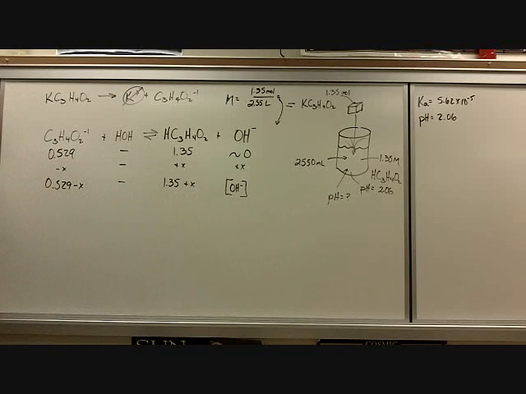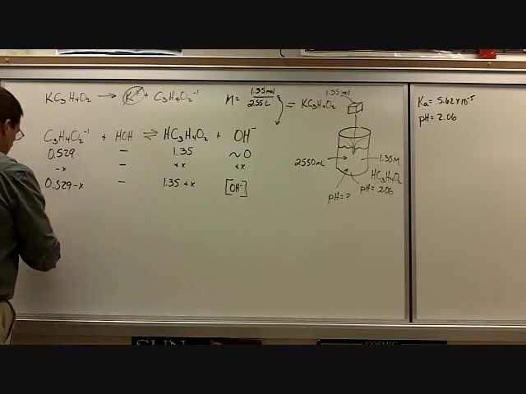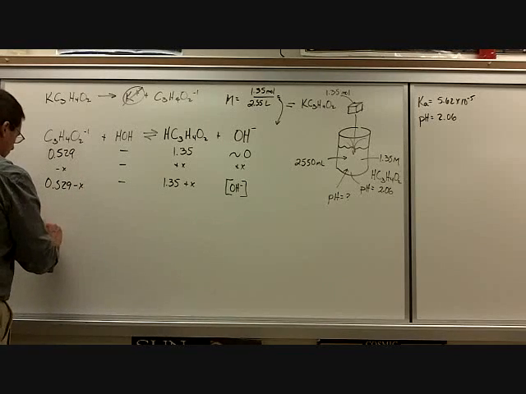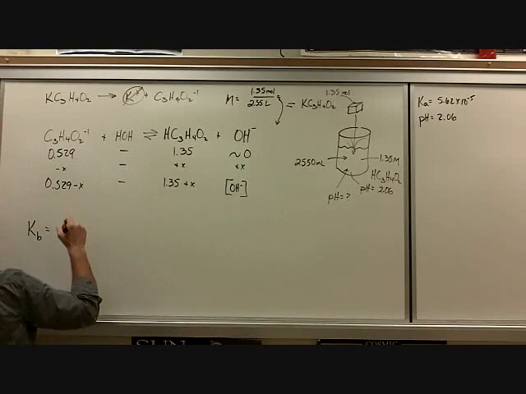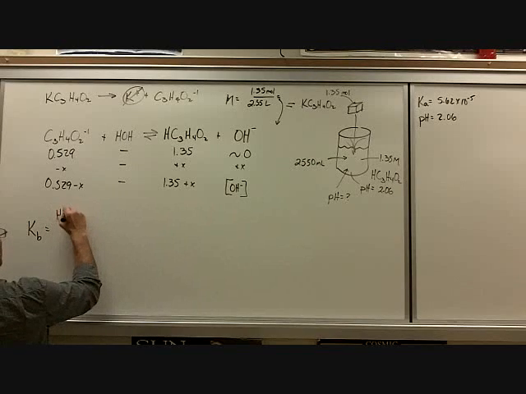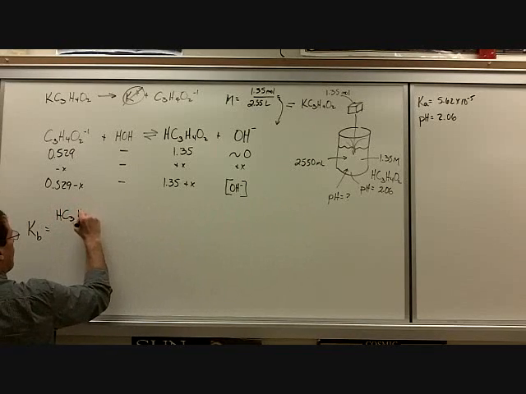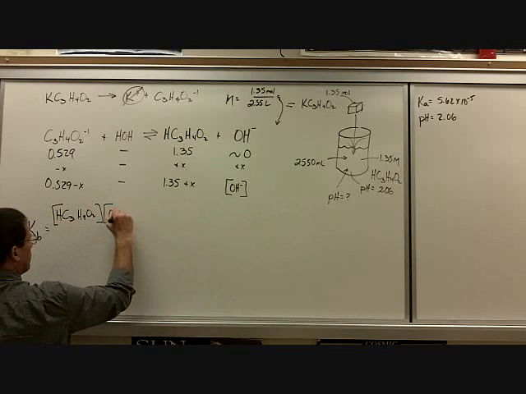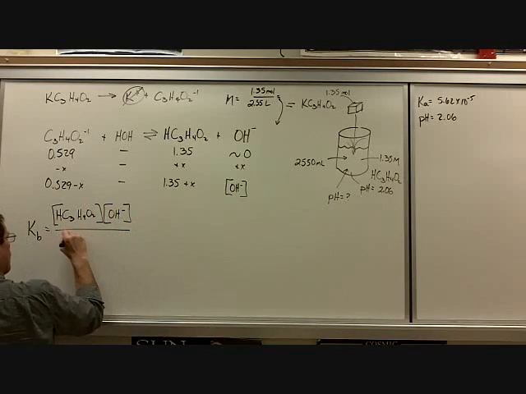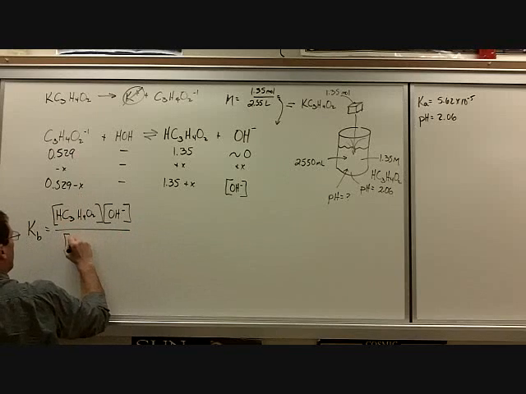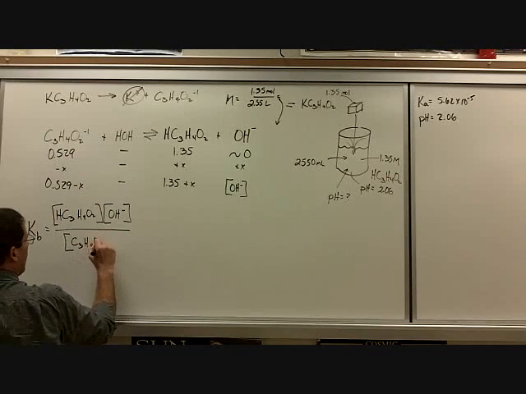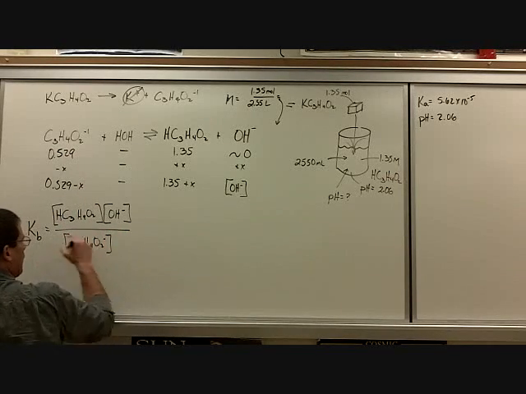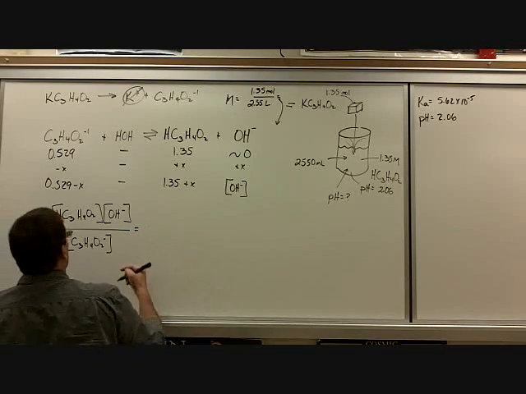Now, when we write our expression for this problem, we're going to have the products over the reactants. So this is our Kb, right? Because we have hydroxide. So we'll have HC3H4O2 and OH over our acrylic. And that's our Kb. So then we can plug in our values.